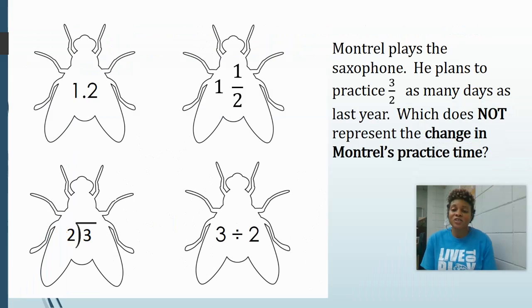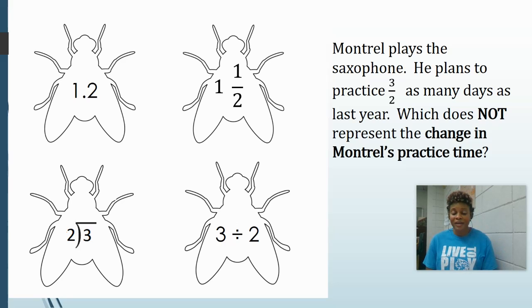Montrell plays the saxophone. He plans to practice 3 out of 2 or 3/2 as many days as last year, which does NOT represent the change in Montrell's practice time. So that means 3 of these are right and 1 of them is wrong. We're looking for the one that's wrong. So 3 out of 2 means 3 divided by 2.